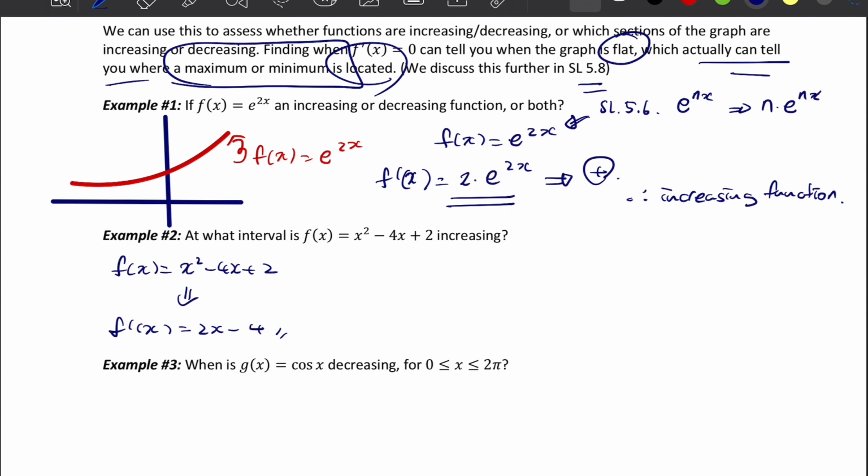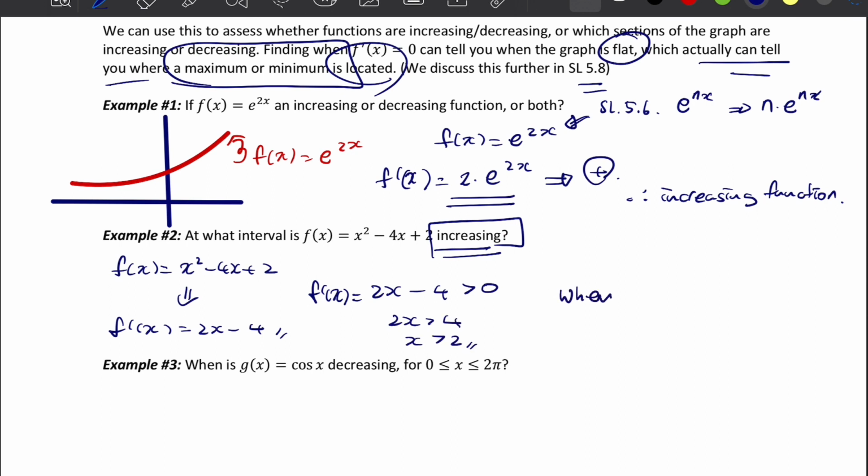Since we want to figure out at which point it is increasing, we set f prime of x equals 2x minus 4 greater than 0. Then we solve for x. x is greater than 2. So we know that when the x value is greater than 2, the graph is increasing.